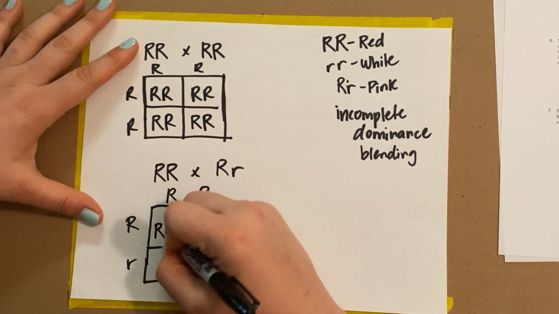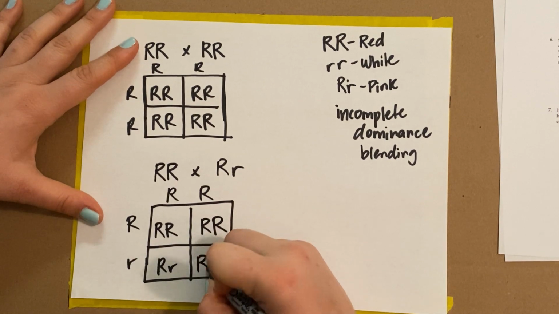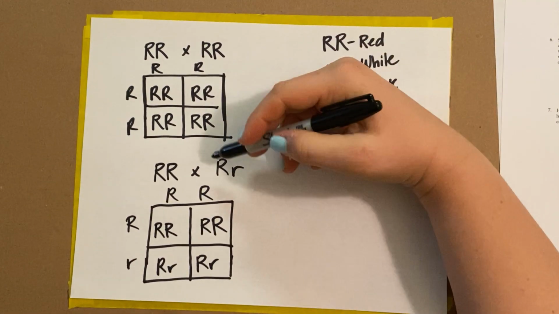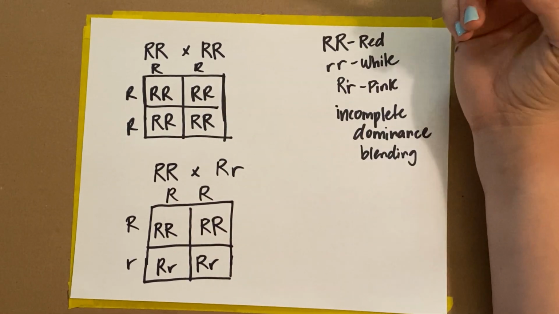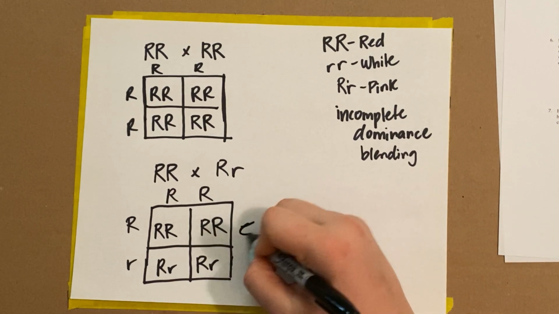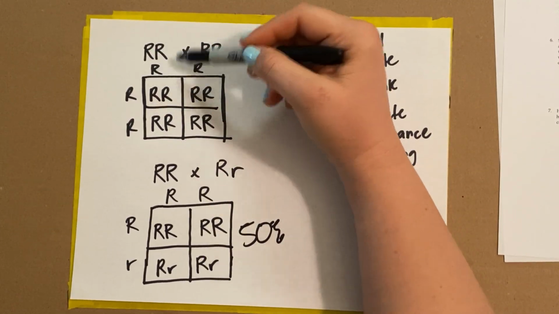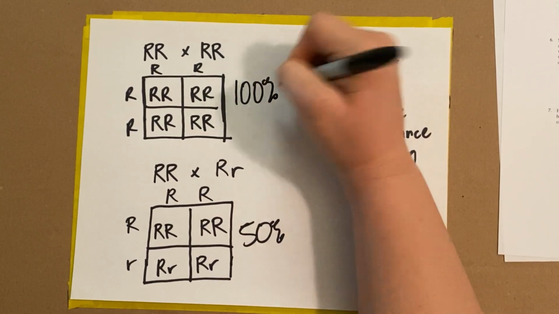I find both of these answers acceptable. It depends on what you're allowed to do. If we say you have to use one of the pink flowers to make your cross, then this could be a possible answer, because then you'd have 50%. Obviously, if you want just red flowers and you had enough red flowers to make a cross of just red, then you would have 100% red right here.